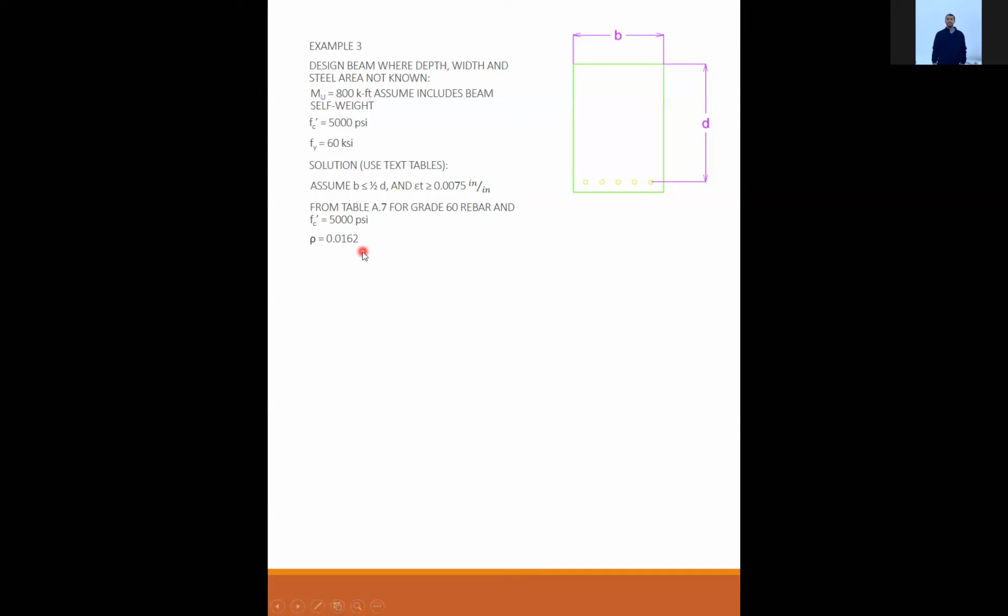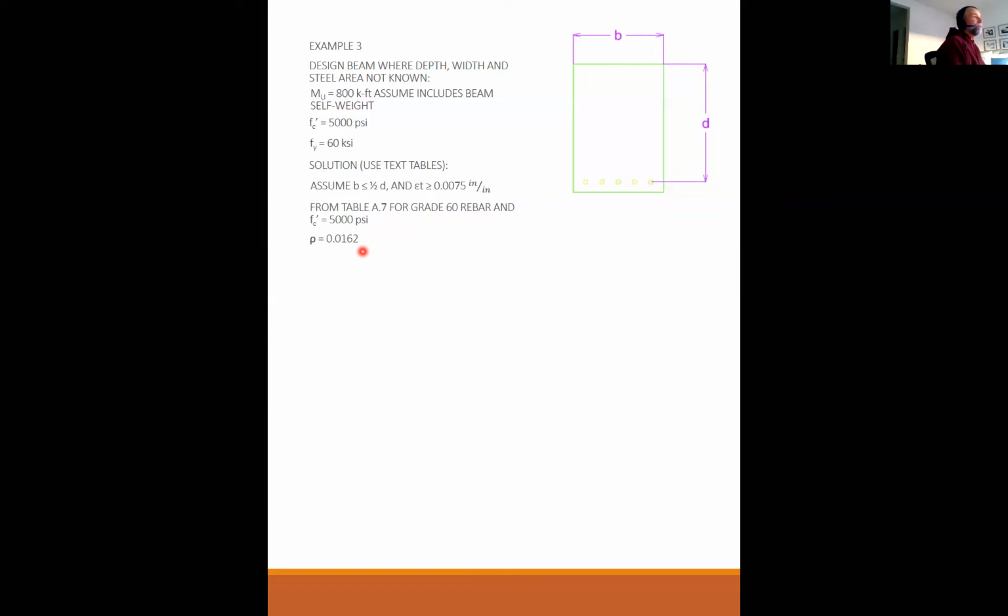So I just have a question. Are we always using the 60 rebar? No, last example we used 80. Is it going to be given? Yes. I do it for the class so that we don't have 32 different answers for everything. I did the last example using 80 KSI so that you can't use the tables.